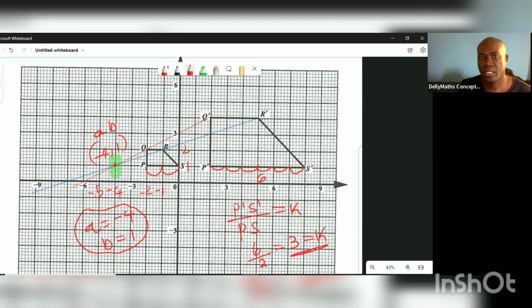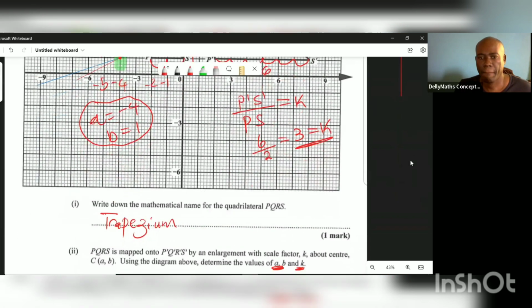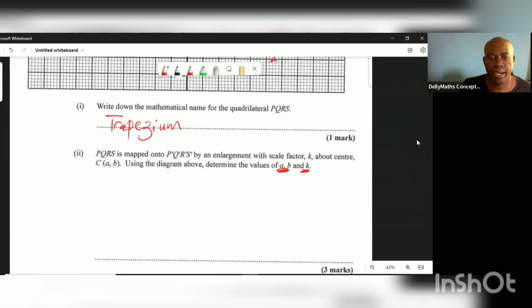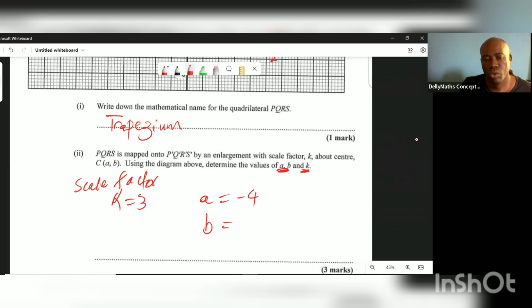So the scale factor is 3 right now. Let me get these off. So I could write that my K, my scale factor, is equal to 3, and A is equal to -4, B is equal to 1.